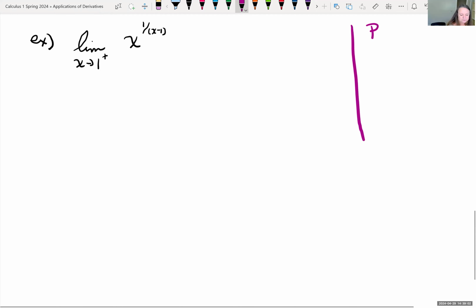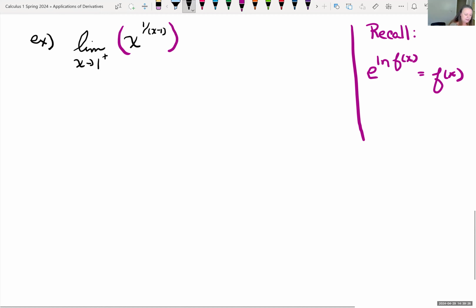So recall back in algebra, because we're going to use properties of logs to bring this down, that if you had e to the natural log of some function f of x, this is equal to f of x. And so let's assume right here that this is our whole function f of x.